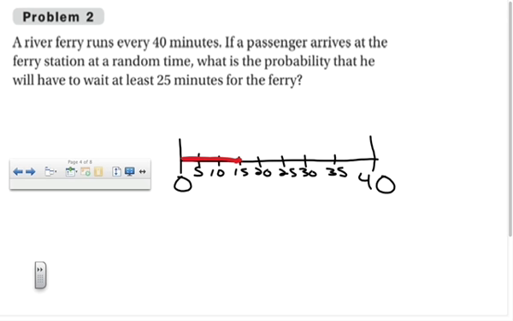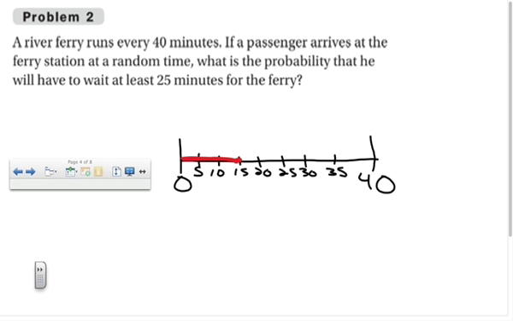Once again, realize if a passenger arrives at 0, that's too late. So he's got to wait until the 40 minutes pass to get to the next one. A passenger is arriving at some random time in this 40-minute span. If he arrives at this point, 25 minutes before the ferry arrives, he is waiting exactly 25 minutes.